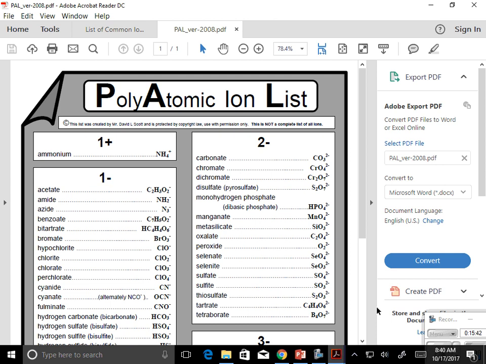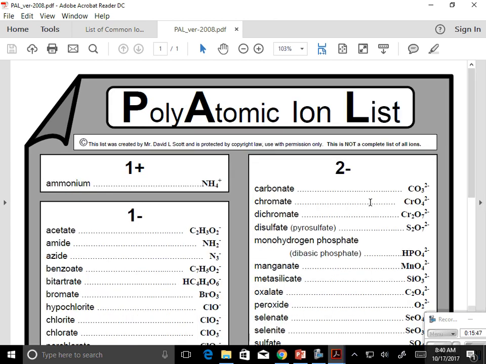This right here is what I call your PAL, polyatomic ion list, your PAL. So if you hear me say, hey, take out PAL, you're going to need PAL. Now this is just a list that Mr. Scott created, and it says up at the top there, this is not a complete list.